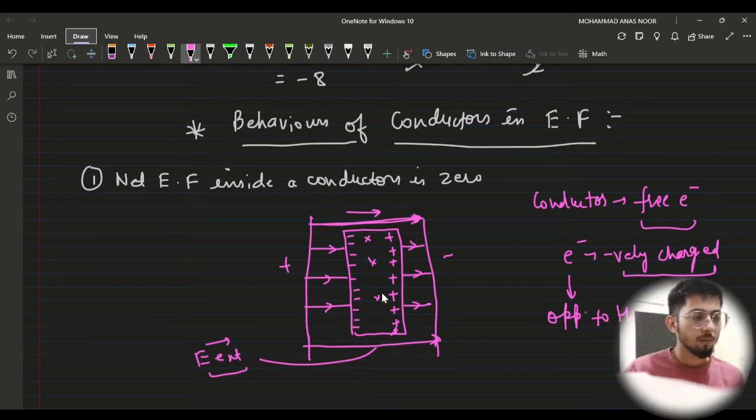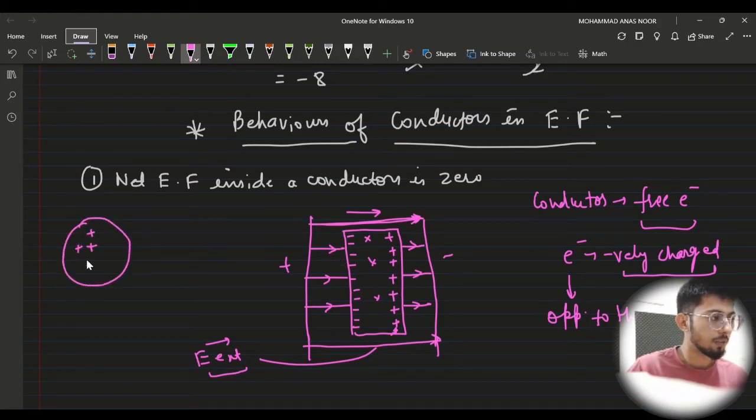The electrons are moved in this direction, opposite to the electric field. If there is this conductor, there are positive charges and negative charges. If by some means electrons are being pushed in this direction, then because electrons and protons are opposite charges, positive and negative cannot be at the same point.